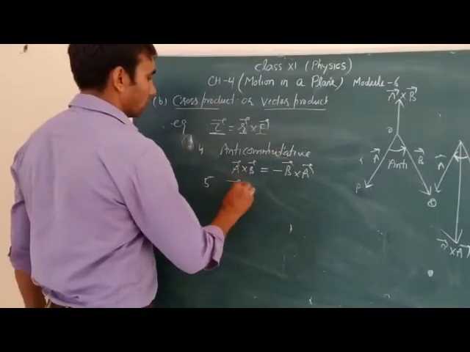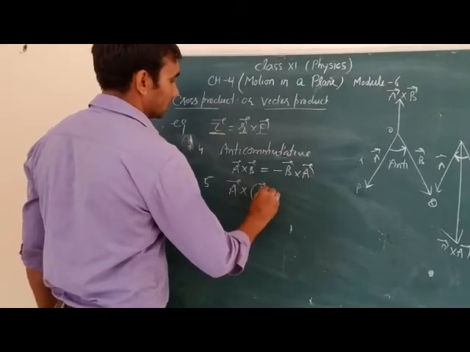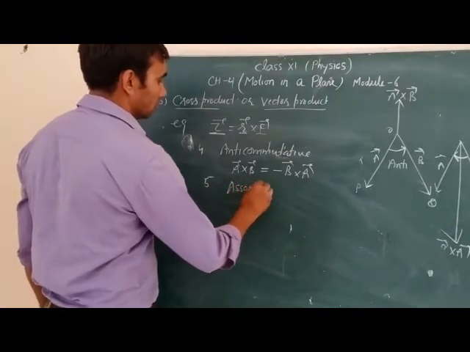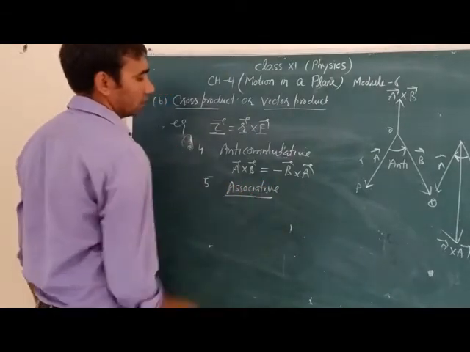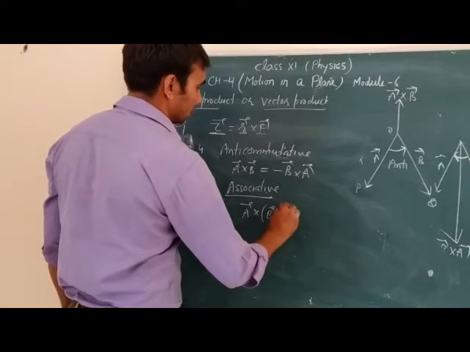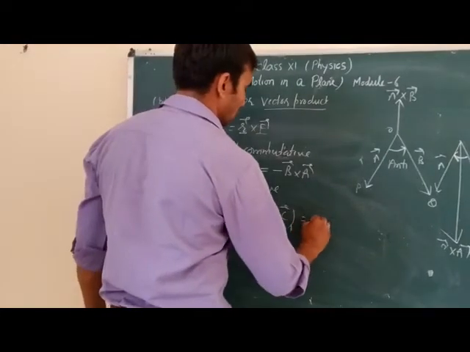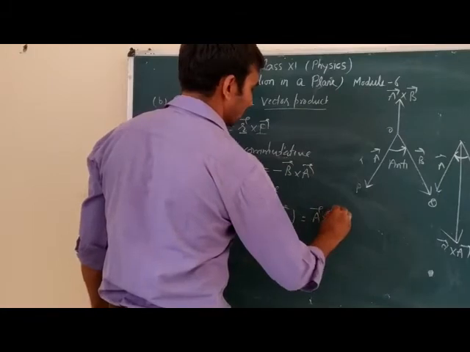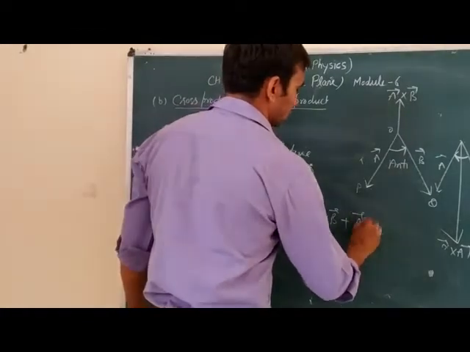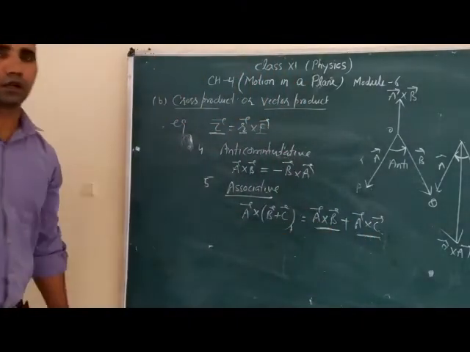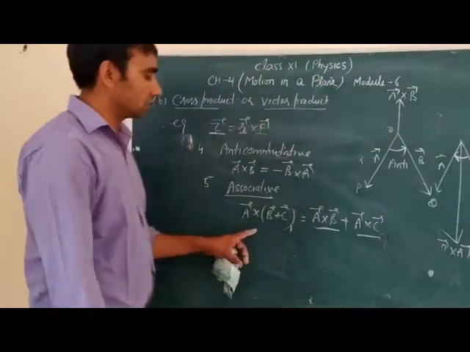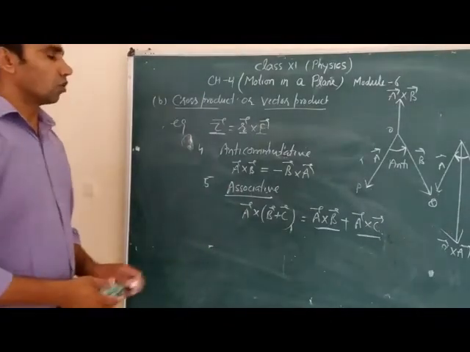A cross (B plus C) is equal to A cross B plus A cross C. This property does not possess associativity.